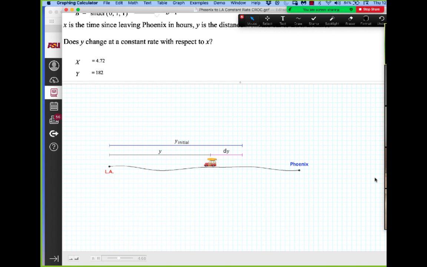I'll argue. You'll argue what, Richard? I'll argue that Y is not changing at a constant rate with respect to X. Okay, what's your argument? Typically with a constant rate, the ratio between Y and X is a proportionality constant.